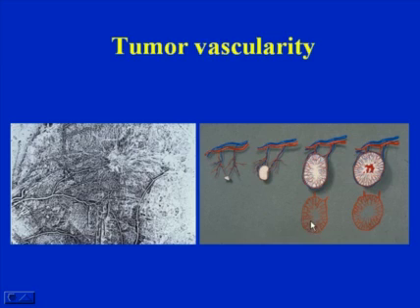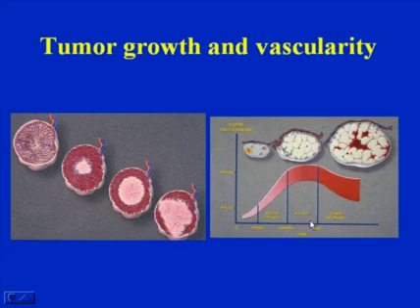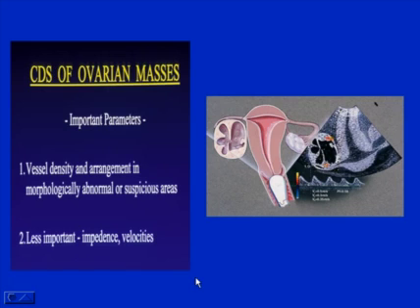And in fact, inside the tumor, there's areas of abnormal interstitial pressure and areas of focal ischemia. We can see this on the slide, that as tumors grow, they have an increased interstitial pressure, which affects the vascularity in the tumor. So in the same tumor, we may be seeing different phases of vascularity.